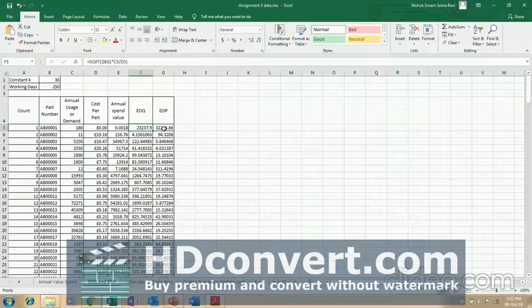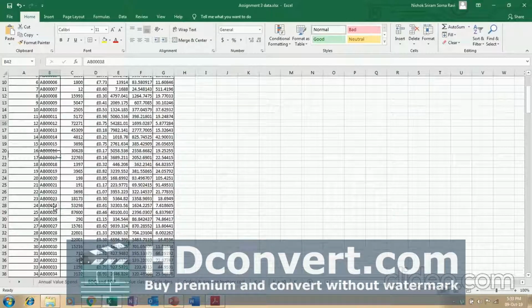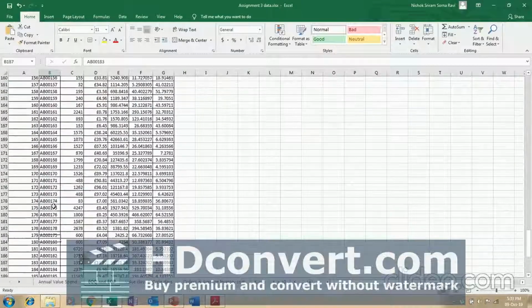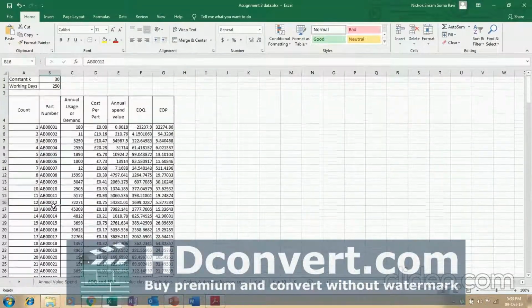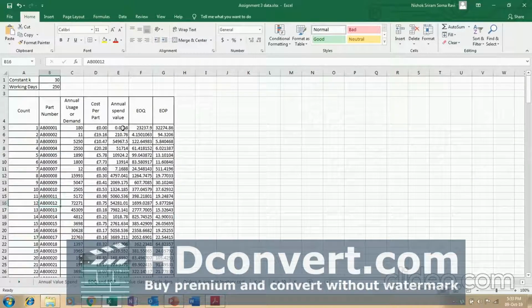So by finding that, we do the same for every other product in our category, which is like 200 products. In order to do that in a simple way, we just click and drag the function, and for the 200 products, now we need to find EOP.